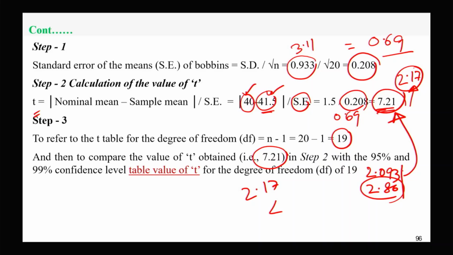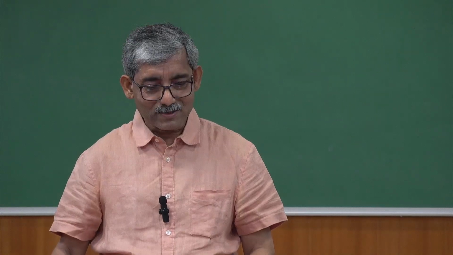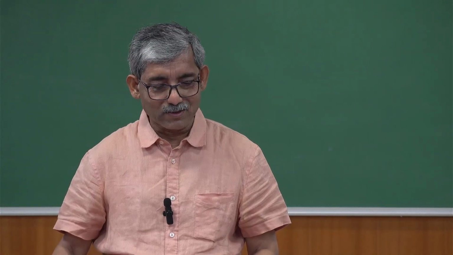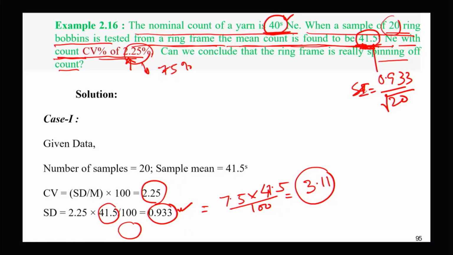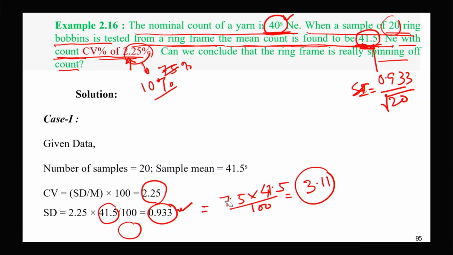And all this is at 95%. I can also make the variability 10%. Let us do it once. In place of 7.5%, let us make it much more variable, 10%. For this very high variability, let us try to solve.